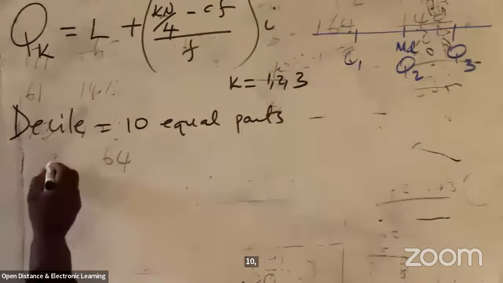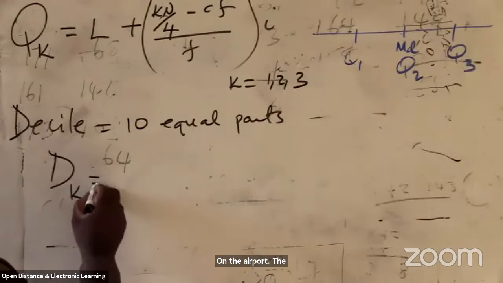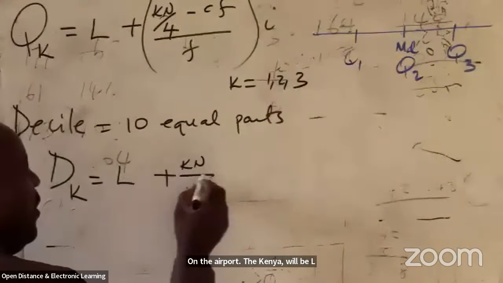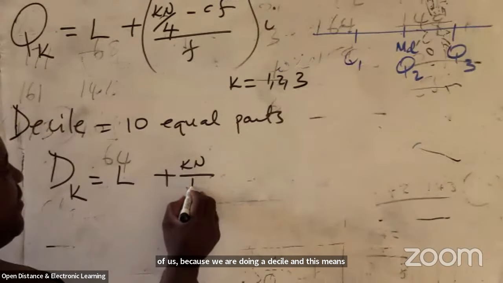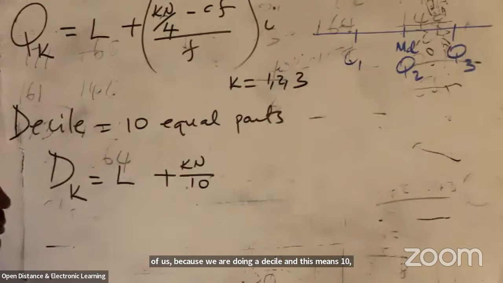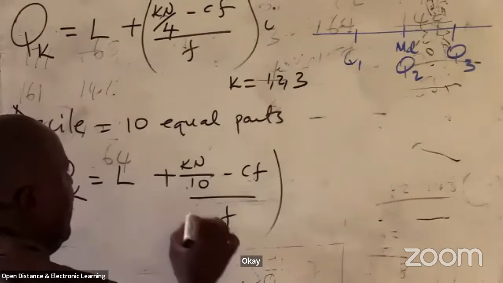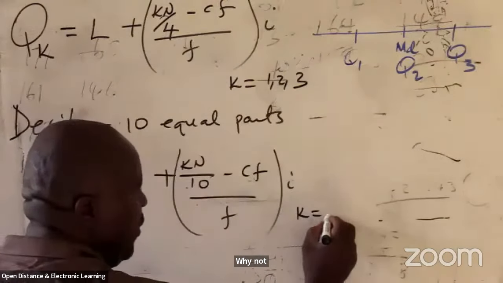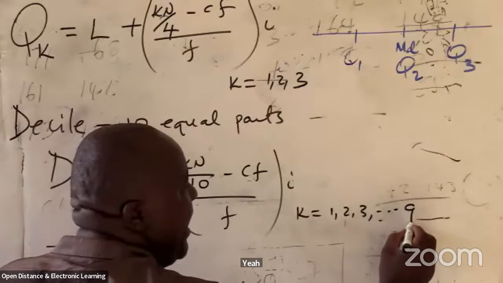And therefore, the kth decile will be L plus Kn all over, because we are looking at decile, and deci means 10, this will be divided by 10, minus Cf all over F multiplied by I. For K will take on values 1, 2, 3 up to 9.